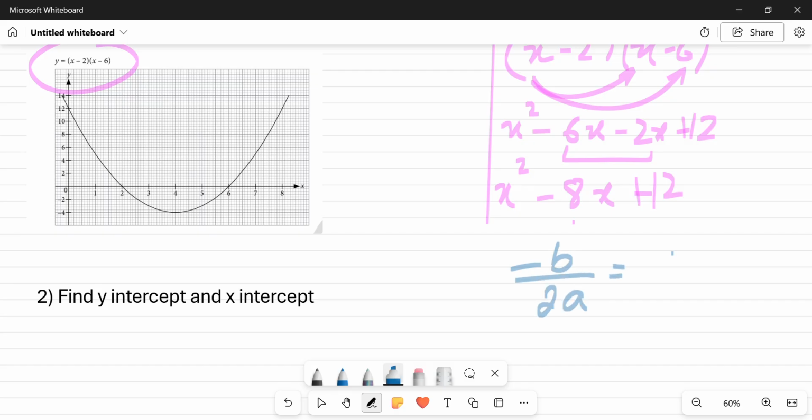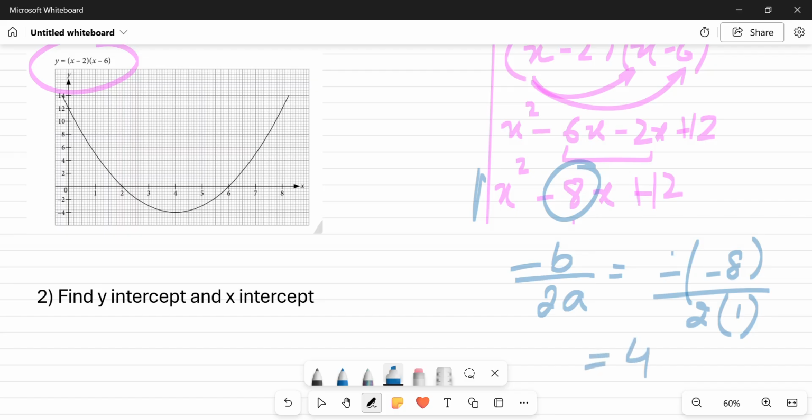Minus b is 8, so minus minus 8, and a is 1, so 2 into 1. Simplifying, you will get 4. So the x value is 4 here.